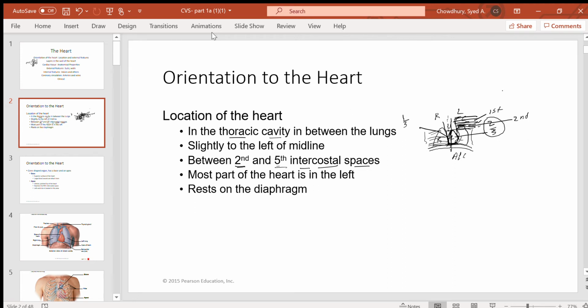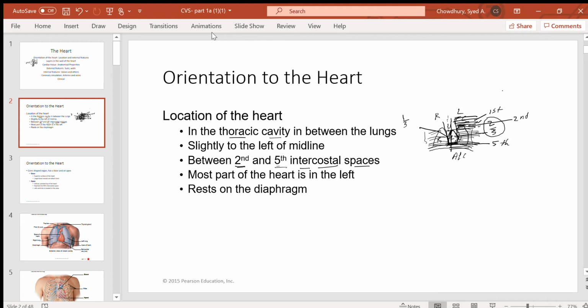And same way, if we count the ribs and go down, the lower end or bottom of the heart is located in the fifth intercostal space. That means between the fifth and sixth ribs. This is the fifth intercostal space.